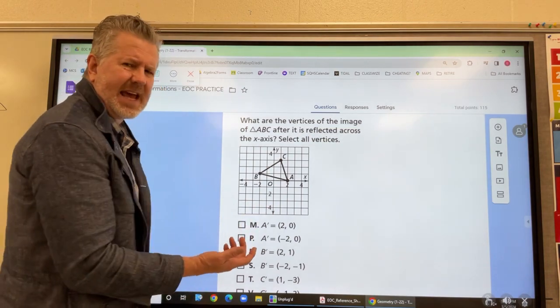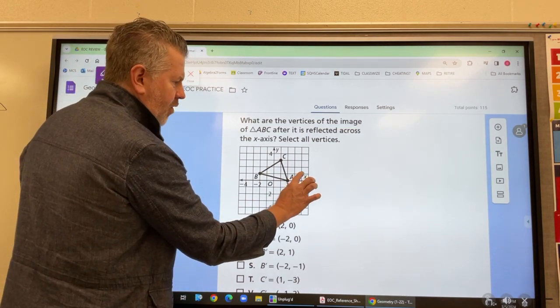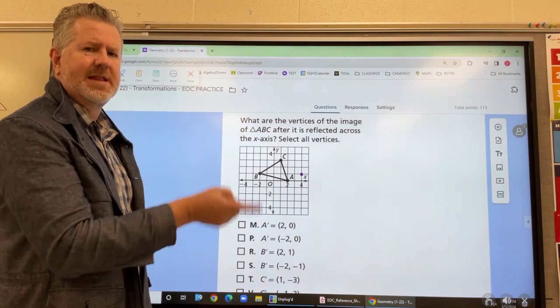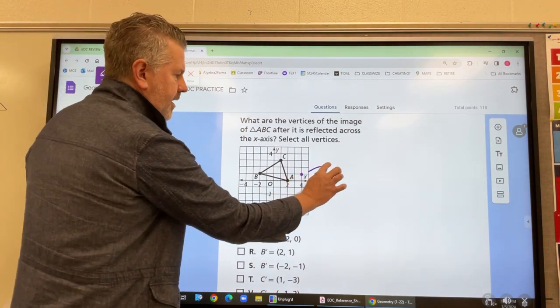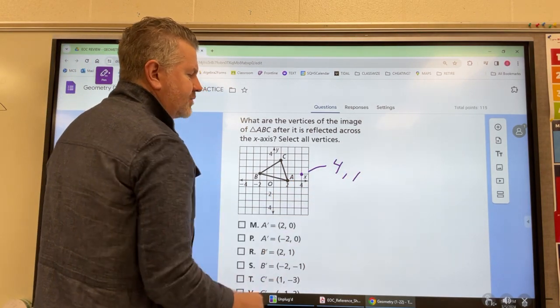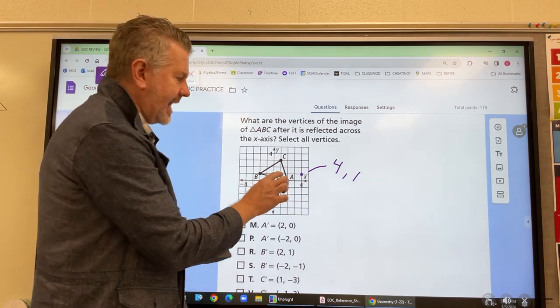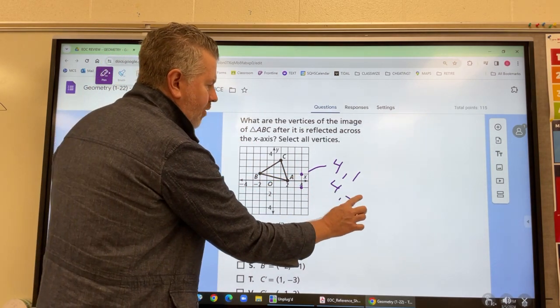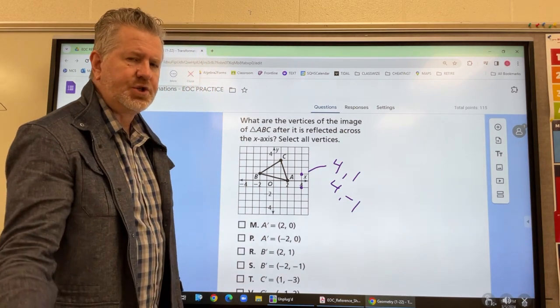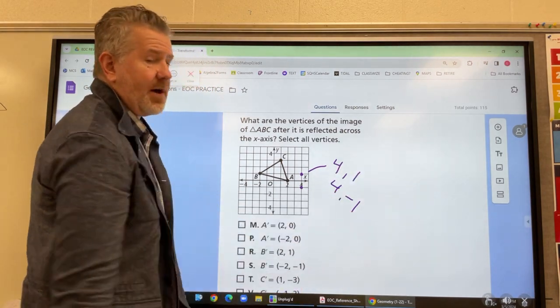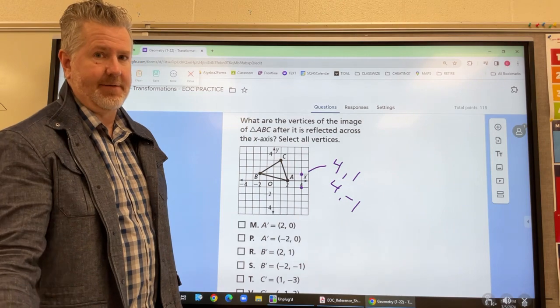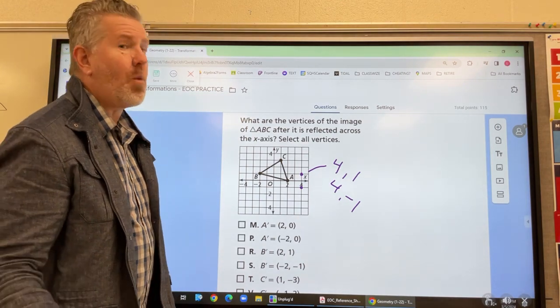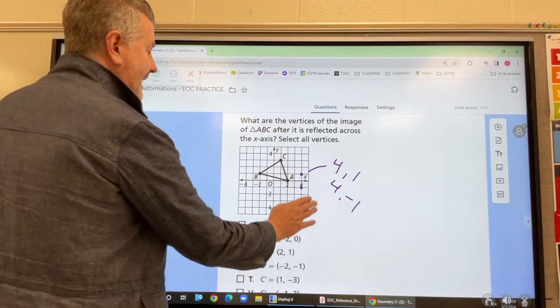Okay, let's just take an example point. This point right here is (4, 1), right? Let's reflect that one point around the x-axis. We're going to make it over here. It's going to be at (4, -1). So there's your rule. We're just changing every y value to negative, changing the sign of it, making it the opposite.